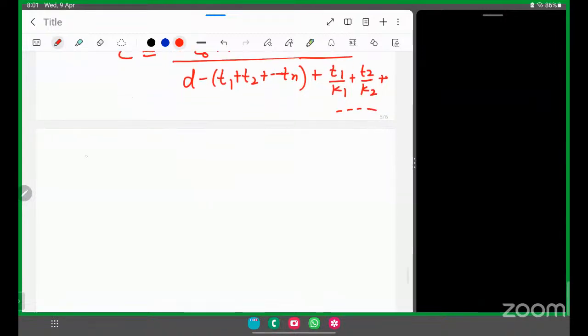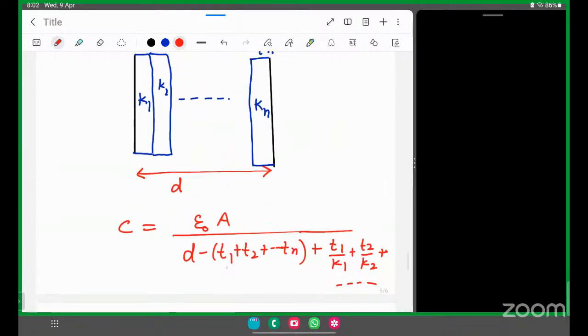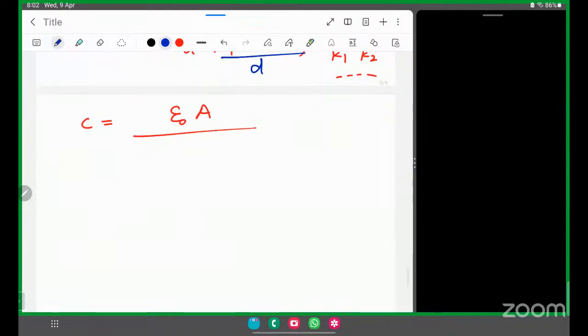On rearranging, it will be epsilon naught A by D minus D, because the dielectric slabs fill all the space between the plates, which implies T1 plus T2 plus T3 plus up to Tn equals D. So D minus D is 0.